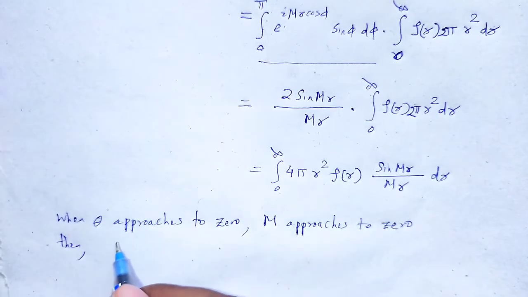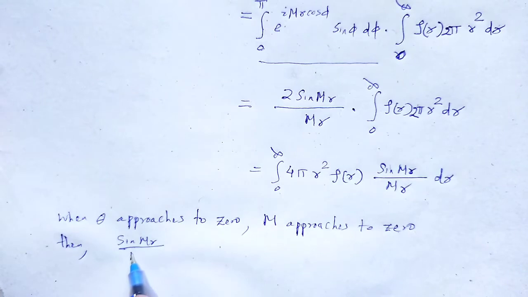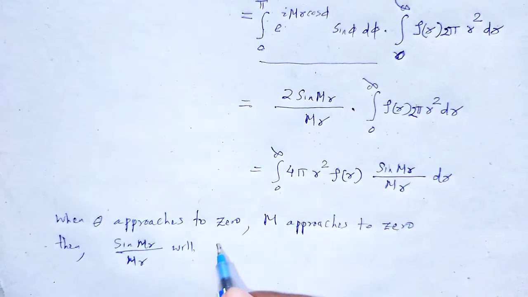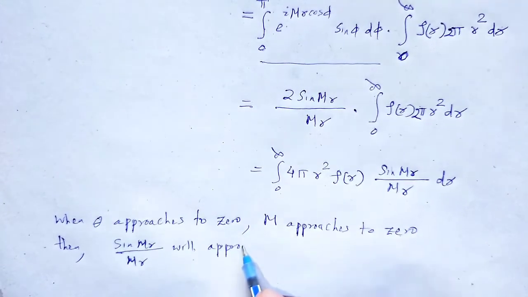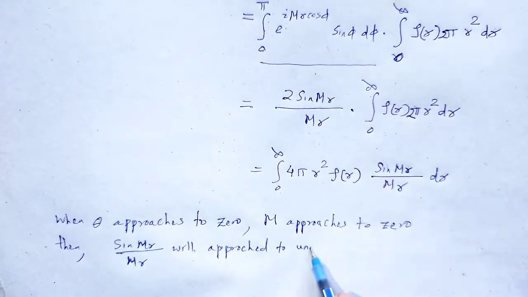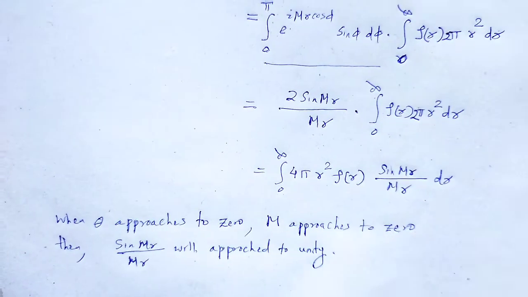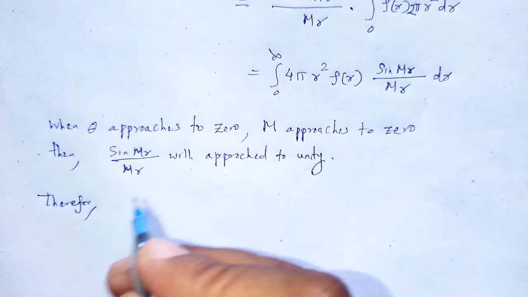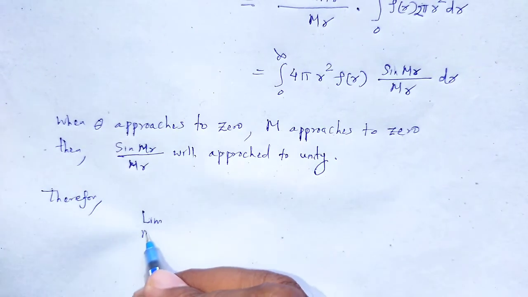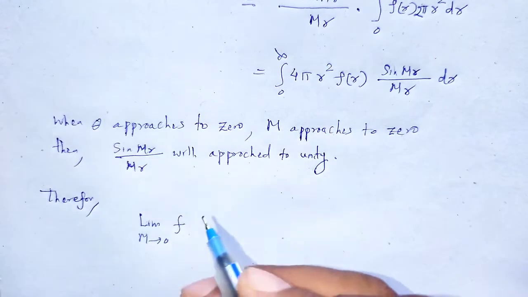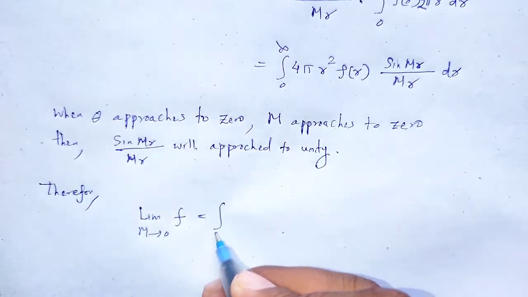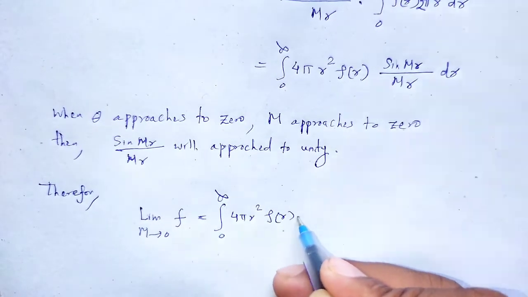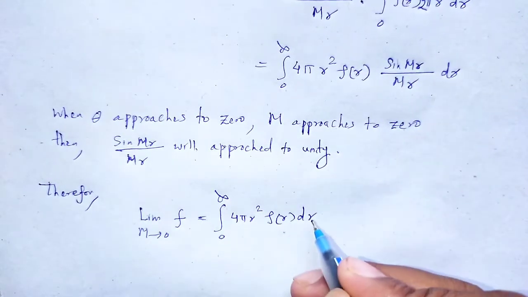Then sin mr divided by mr approaches unity, the condition for the limit. Therefore, taking the limit as m tends to 0, the atomic scattering factor f is the integration from 0 to infinity of 4 pi r square rho r dr, with that term as 1.